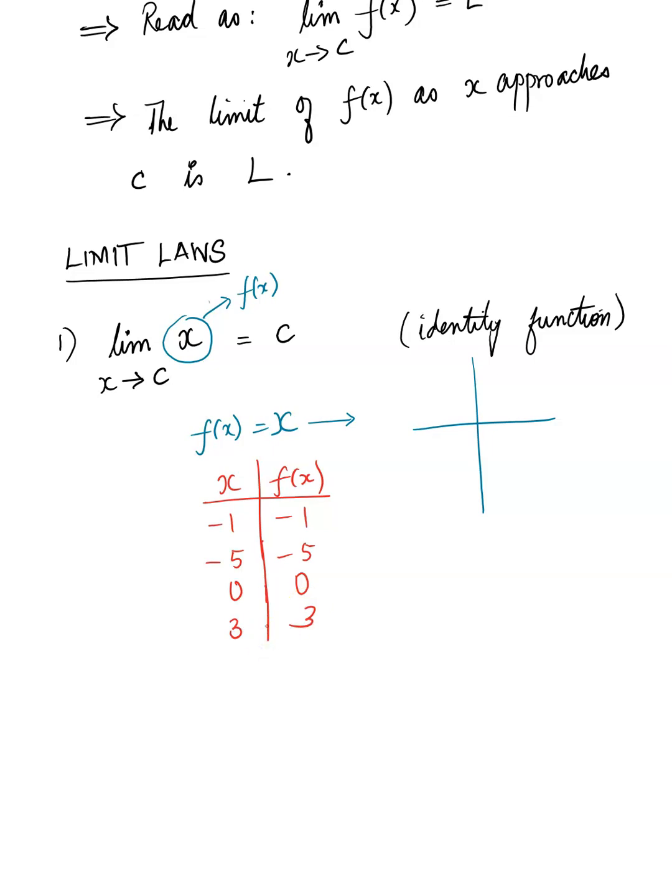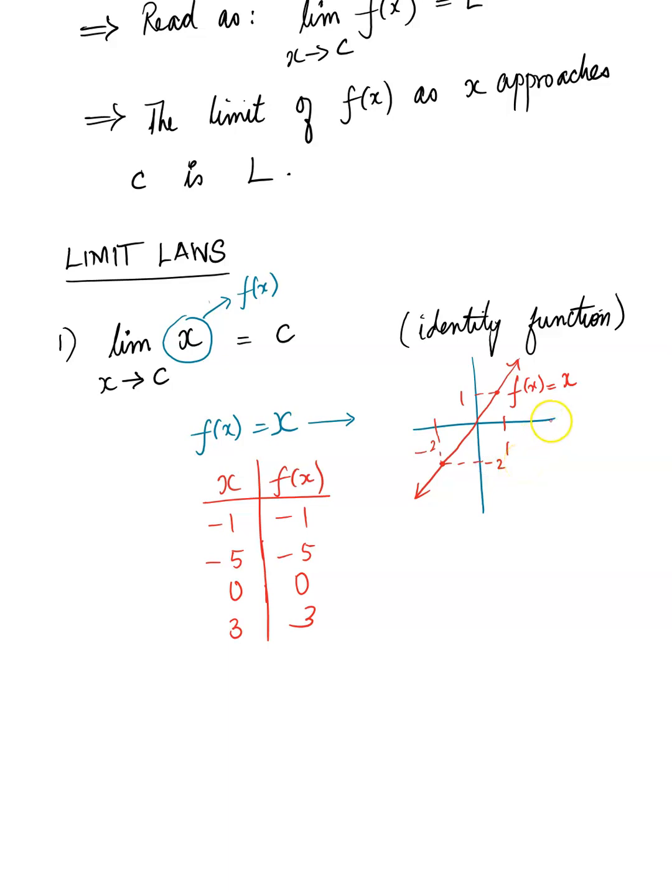Its identity isn't lost. So when you are graphing this, your graph will actually look like this. Okay, it's a 45-degree line. And so what we're saying is, if, say, this is 1, this will correspond to 1 as well, isn't it? And if this is, let's say, negative 2, that will also correspond to negative 2 here.